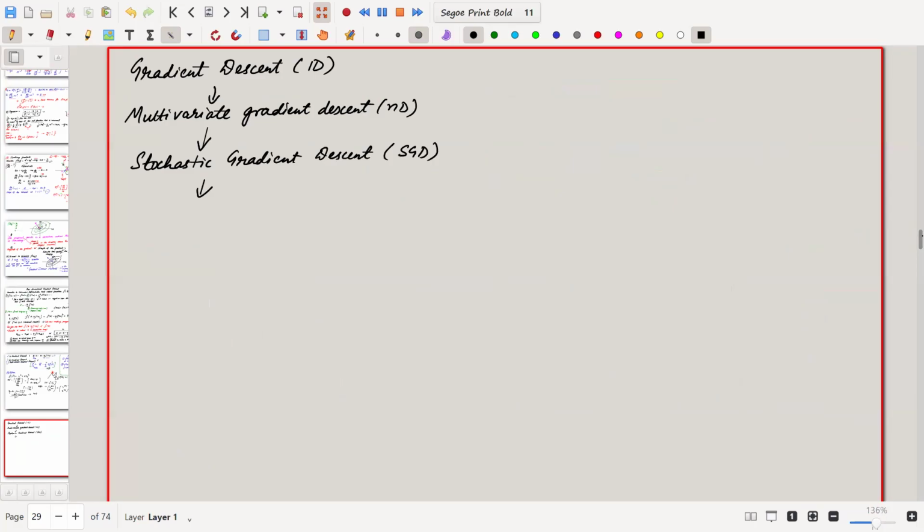You always know that any optimization algorithm might work, but it might get stuck in a local minimum, which you don't deserve. That's what most of the deep learning problems face. Okay, because deep learning problems are high dimensional, multidimensional, and there are a lot of parameters. When you optimize, it might get stuck in a local minimum.